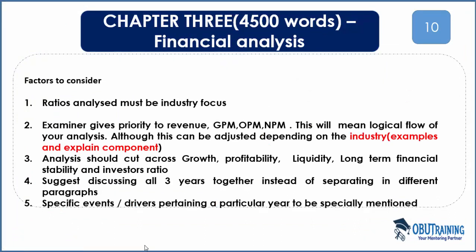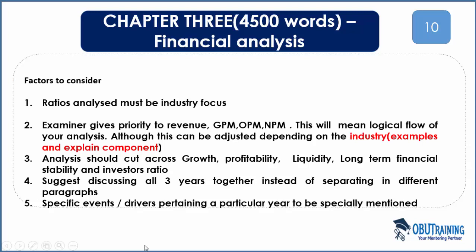your analysis should cut across a wider range of ratios covering growth, profitability, liquidity, long-term financial stability, and investors ratio. Don't forget, I said examiner gives priority to these 4 ratios: revenue, gross profit margin, operating profit margin, net profit margin.